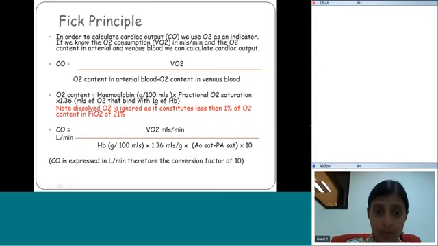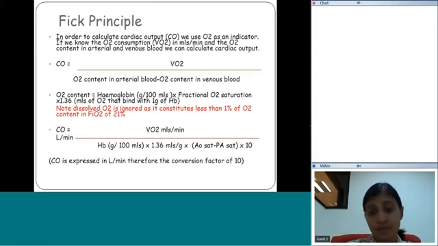Hemoglobin in grams per deciliter times 1.36, which is the amount of oxygen carried by each gram of hemoglobin, times aortic sat minus PA sat, times 10. The times 10 is because cardiac output is expressed in liters per minute, whereas VO2 is expressed in mils per minute. So we are just converting the mils per minute into liters. So this is how you calculate cardiac output.